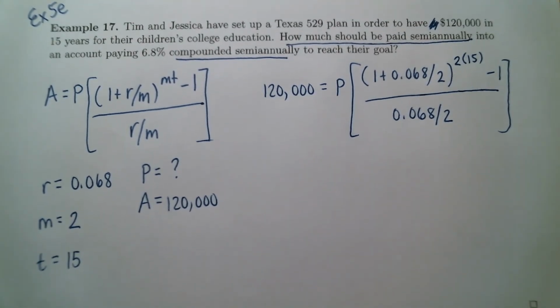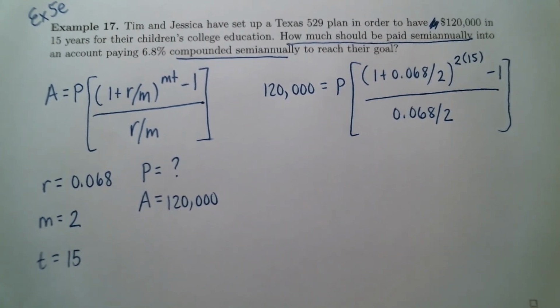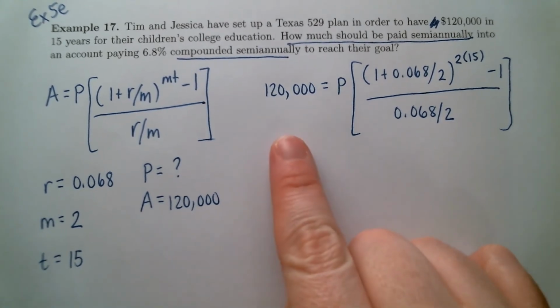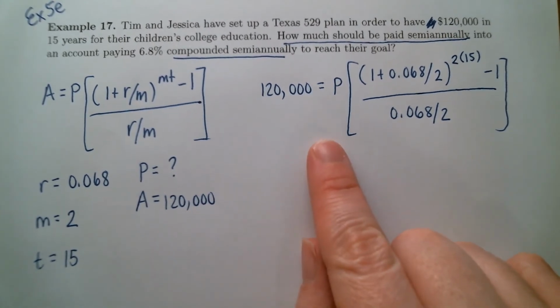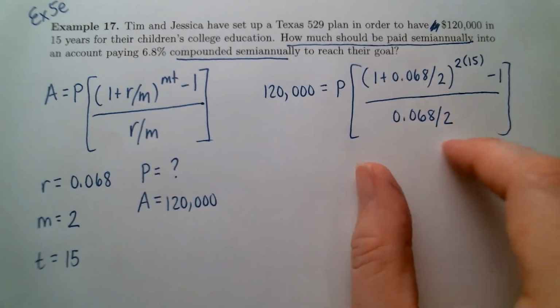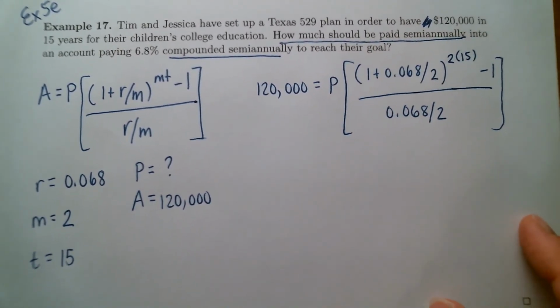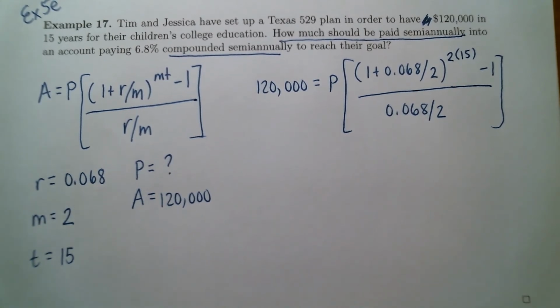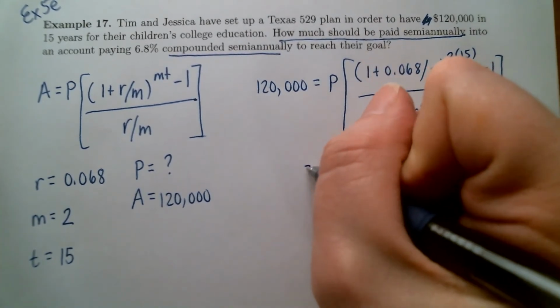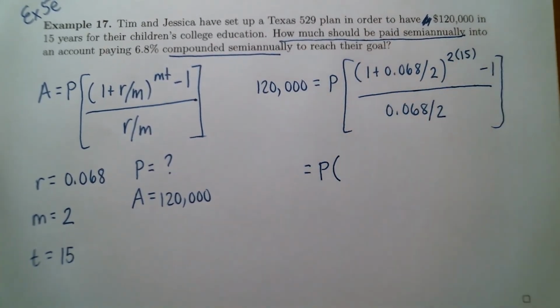So the goal is to solve for P. On the left side, you have 120,000, and then you've got equals P times all of this stuff in brackets. Everything in brackets is just a number. You could punch it into the calculator, and you're going to get some probably ugly decimal, I'm guessing. So let's figure out what this number in brackets is.